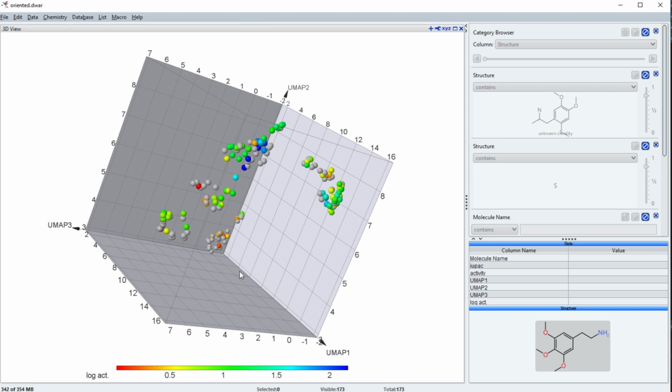And then everything else, which tends to be more active than mescaline, is coloured on this colour gradient. So a green compound with a log activity value of 1 will be 10 mescaline units, and so on. One thing, of course, that you do miss out on is the qualitative aspect of the activity, right? This is really just a scale of how potent the compound was with respect to mescaline.